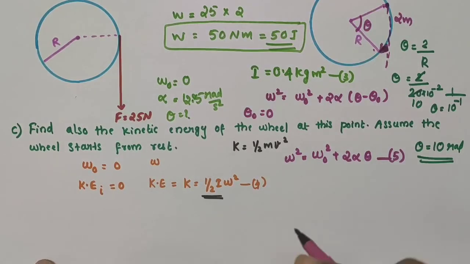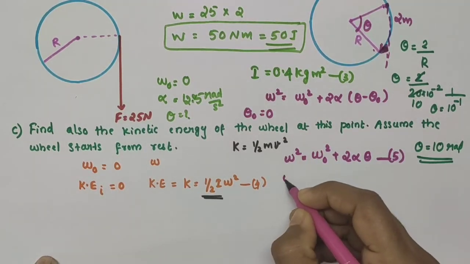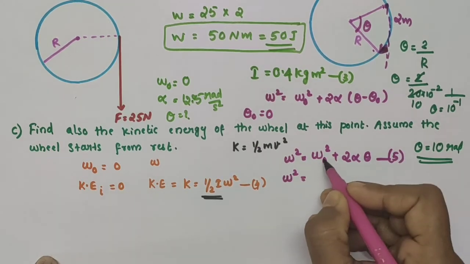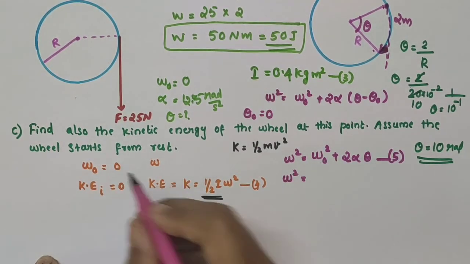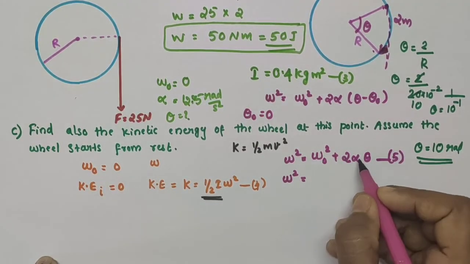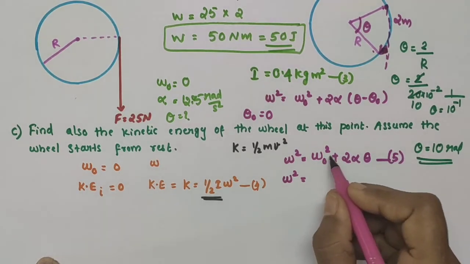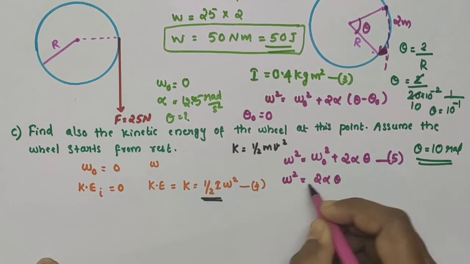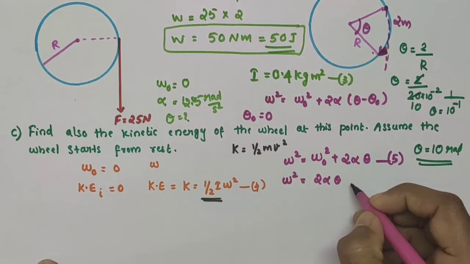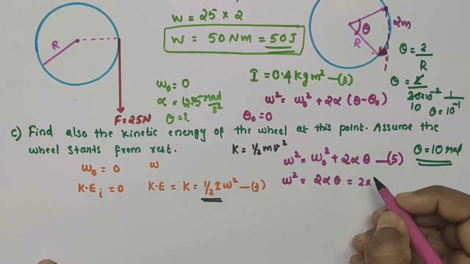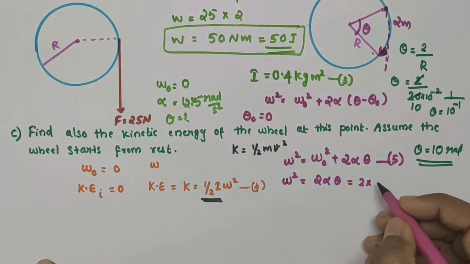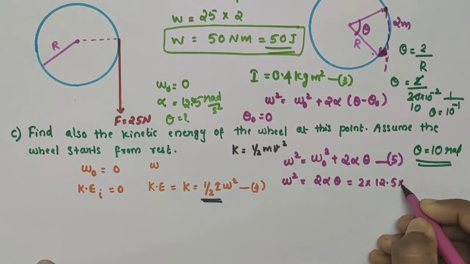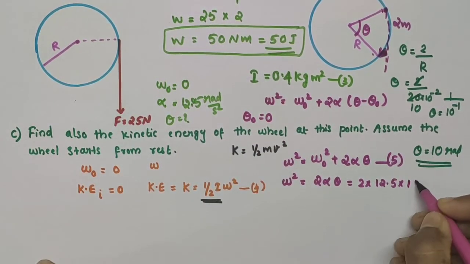Now let us substitute these values into this equation. Omega square is equal to omega 0 square. Omega 0 is 0, so 0 square is 0. 0 plus 2 alpha theta becomes 2 alpha theta. So omega square is equal to 2 alpha theta, which is equal to 2 into alpha, whose value is 12.5, into theta, whose value is 10.